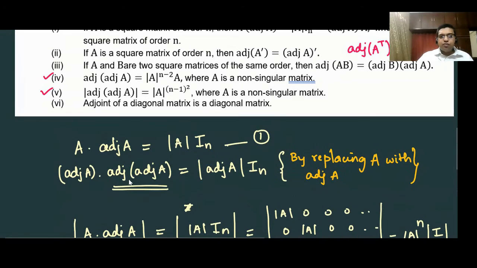So now I want to find adjoint of adjoint A. What did I find first?